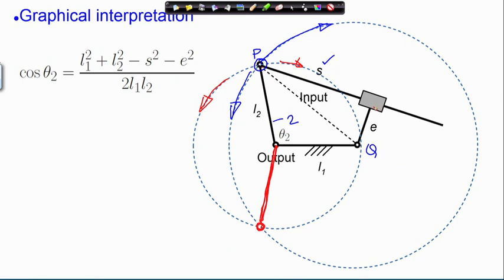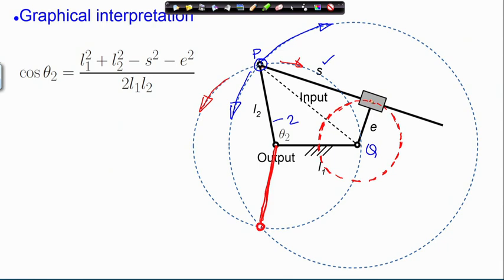So, this prismatic pair moves on this circle, and now the problem is to find out the circle described by this prismatic pair, the slot.